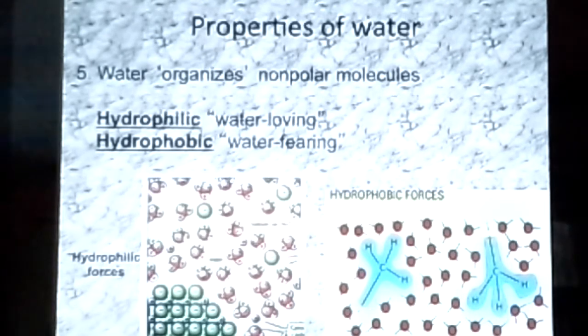But since they can't, they just end up pushing those hydrophobic molecules together. And they end up clumping together. This is called non-polar exclusion. This is going to prove to be very important when we talk about cell membranes and what comes into the cell and what goes out of the cell.